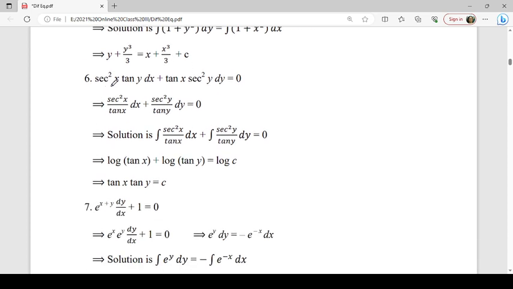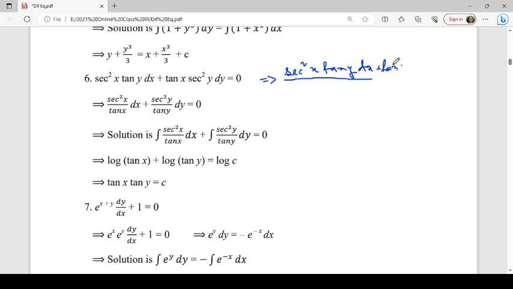Then this one is sec square x tan y dx plus tan x sec square y dy equals 0. So tan y we remove from this, and tan x you remove from this. So you divide this by sec square x tan y dx plus tan x sec square y dy.